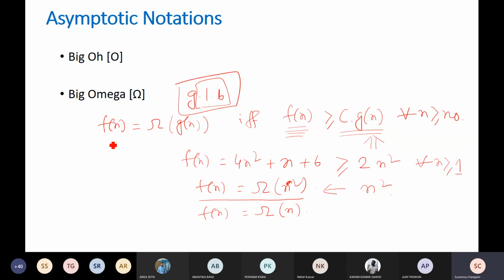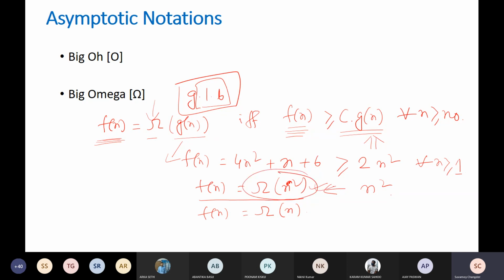So therefore, f(n) equals big omega of g(n). This g(n) is representing the greatest lower bound. So for this particular example, though omega n is a correct value for defining this f(n), whenever we put this omega, we will consider the greatest one, and that is omega of n square.